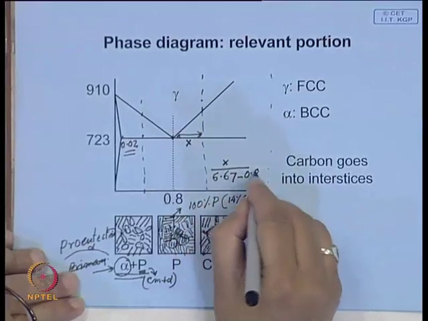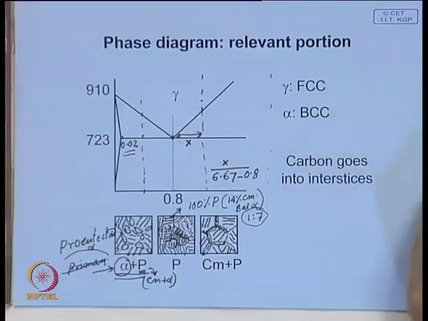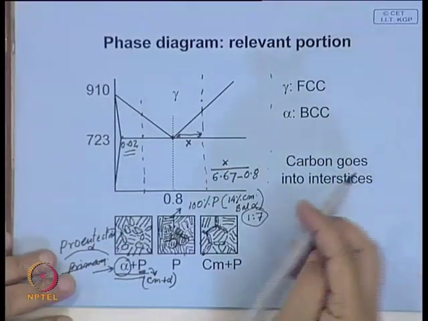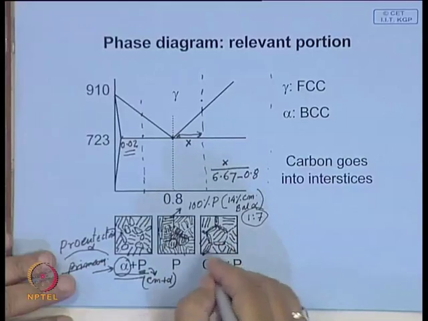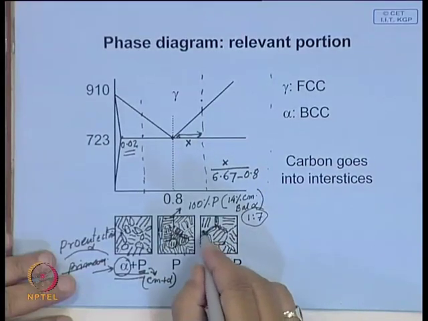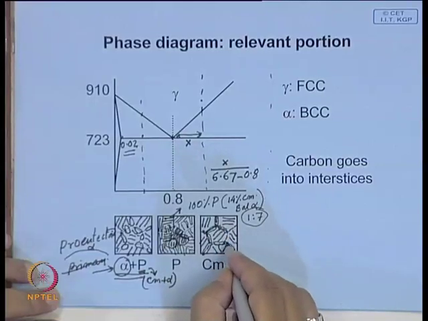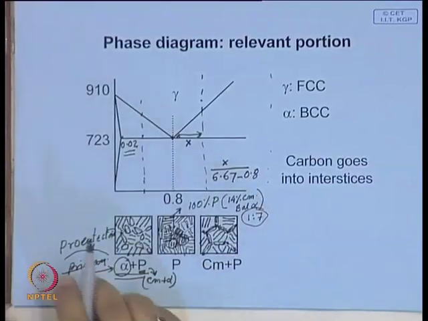Now, this is much larger. So, the amount of proeutectoid cementite which you can have in steel is very little, and that is why you can only expect a very thin network of cementite. Cementite is very brittle, and this type of structure, a brittle network at the grain boundary, is unwanted. In all heat treatment processes we have to see that we do not let this happen.